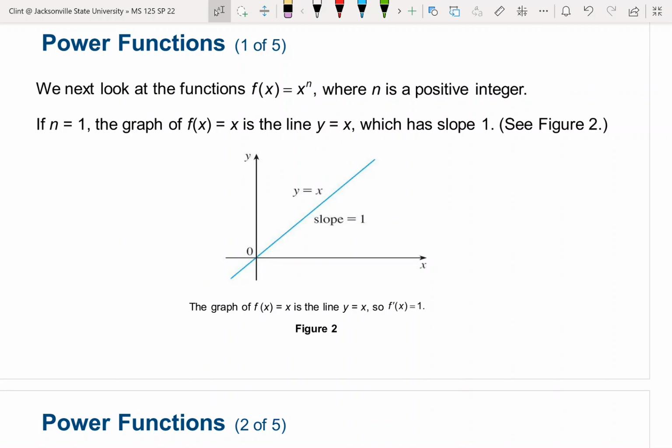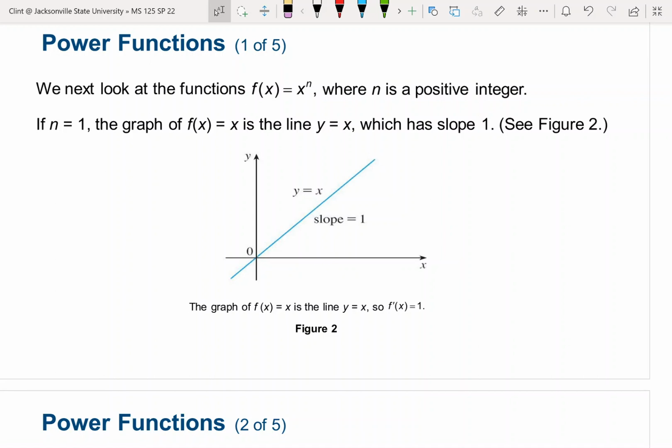Then if we think about the graph, y equals x, that's this 45-degree straight line where the x coordinates and the y coordinates match. It's a straight line, so it's going to have the same tangent line everywhere, just like our constant functions did. So the slope of our tangent line is just going to be the same as the graph, which is 1 here.